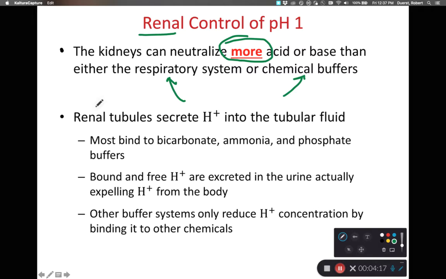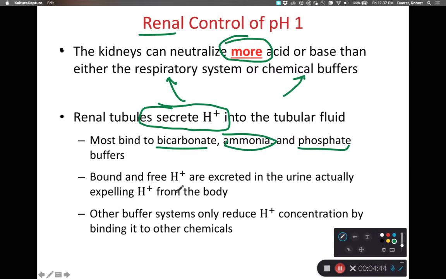So as we look at the renal tubules, we have the proximal convoluted tubule, nephron loop, distal convoluted tubule, and the collecting duct. We're going to have lots of hydrogen ions being dumped into the filtrate or tubular fluid as the fluid is being processed. Those hydrogen ions that we dump into the tubular fluid bind to bicarbonates, ammonia, and phosphates within the forming urine.